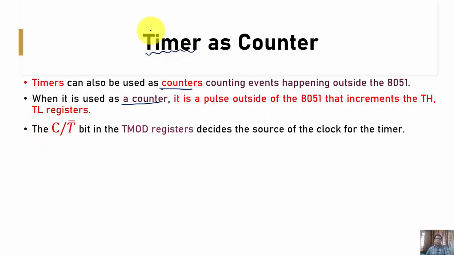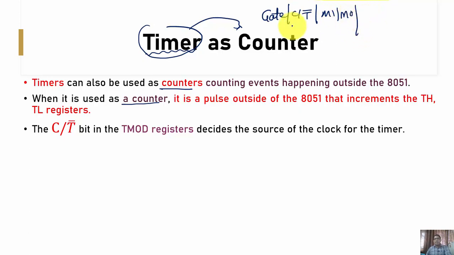In order to configure the timer as a counter, we rely on the TMOD register, which is an 8-bit register that contains the bits GATE, C/T bar, M1, M0 in the upper 4 bits to control timer 1, and again GATE, C/T bar, M1 and M0 in the lower 4 bits associated with timer 0.